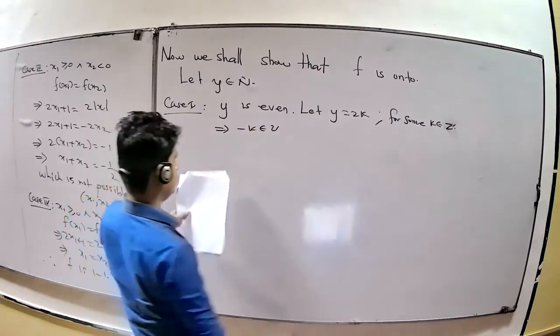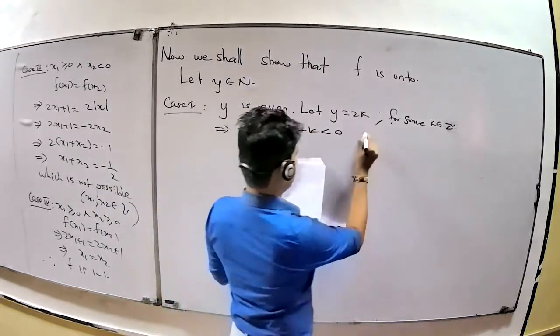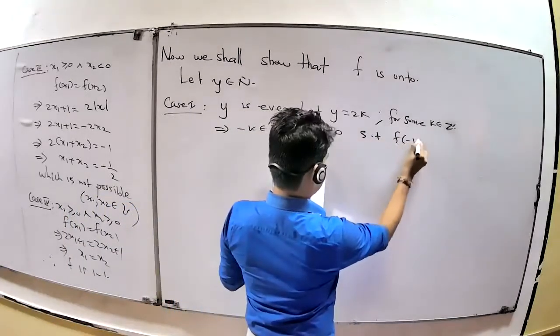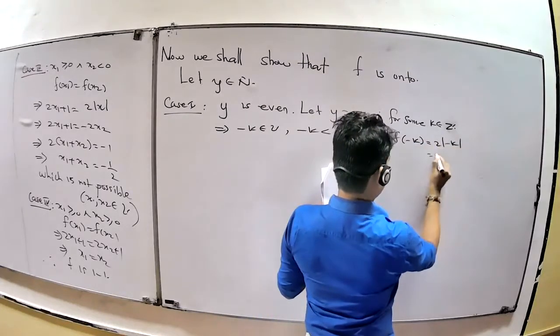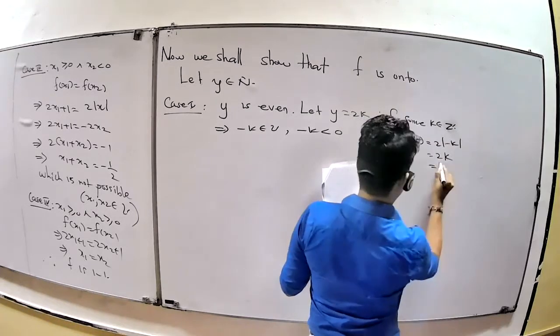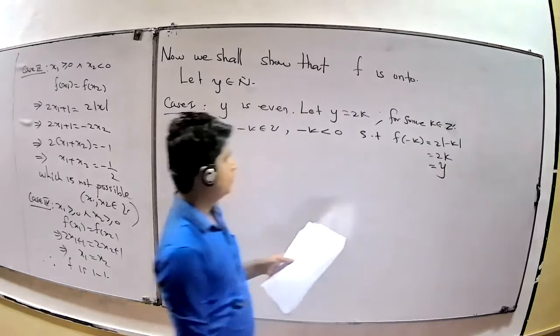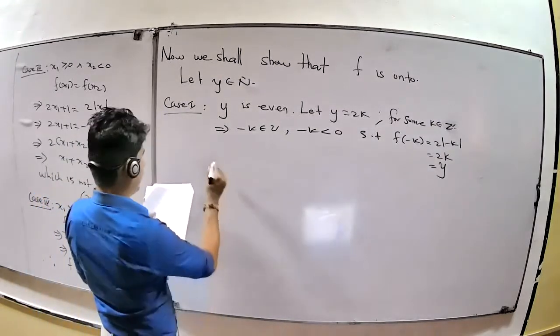Minus k also belongs to the integers. Therefore, obviously minus k is less than 0, right? So what is f of minus k? F of minus k equals 2 times modulus of minus k. Obviously, this modulus is plus k. Therefore, 2k. But what is 2k? 2k is your y. Therefore, y is onto mapping, right? That is for this case.